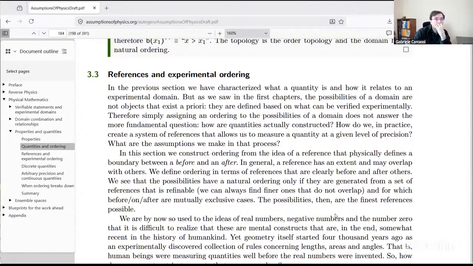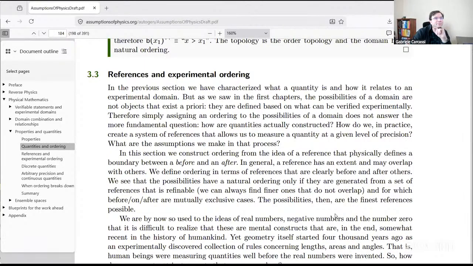Right. Yeah, that's what I meant. Like, we see the possibilities of a natural ordering only if they are generated from a set of references that is refinable. You always find finer ones that do not overlap and for which before and after are mutually exclusive cases. Possibilities then are the finest references possible. This is the possibilities, not the references themselves. Yeah, I got confused there.